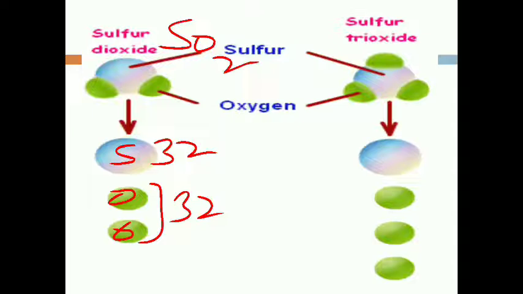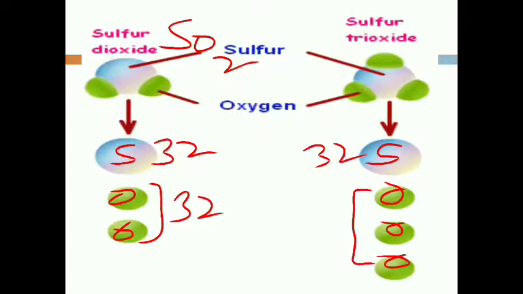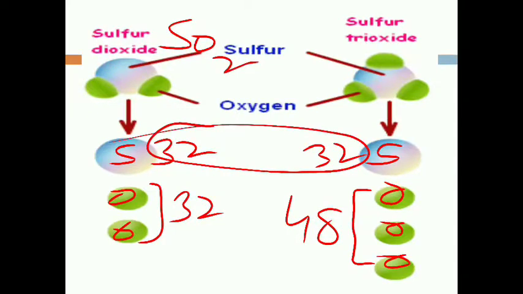To form sulfur trioxide, one more oxygen joins, so the ratio is 32 is to 48. Sulfur is the same, 32 and 32, and if you compare oxygen, 32 is to 48, which is nothing but 2 is to 3, a simple whole number ratio.